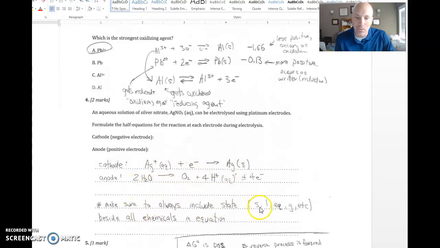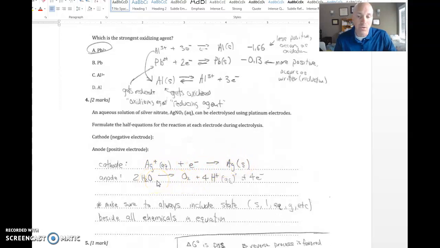One thing I want to stress is to make sure that you always include the state when you're writing all these chemicals. I actually made a mistake here. I should have parentheses with an L beside that. And actually I made two mistakes. This right here should have parentheses with a G beside it to indicate that the oxygen would be a gas. One thing I've noticed is that in all the answers, they always have the states indicated.